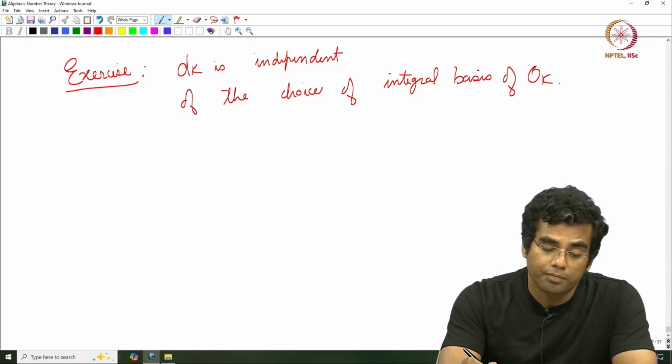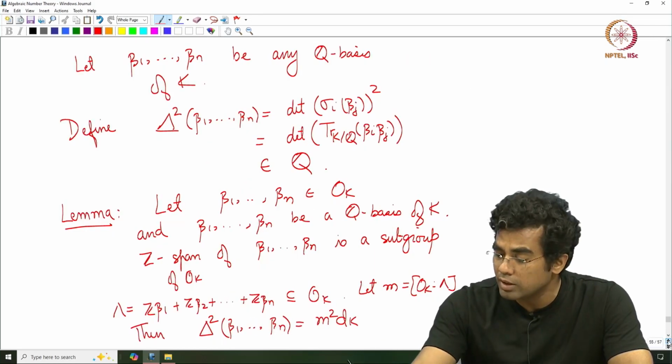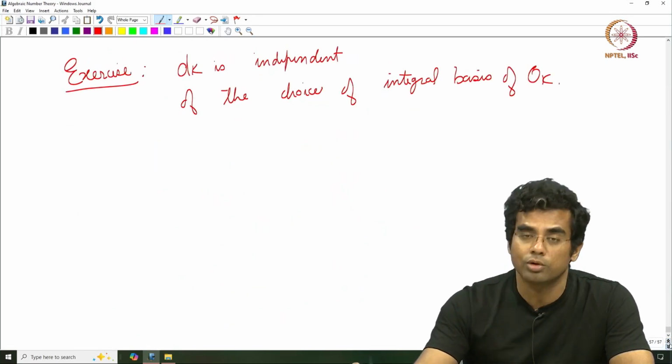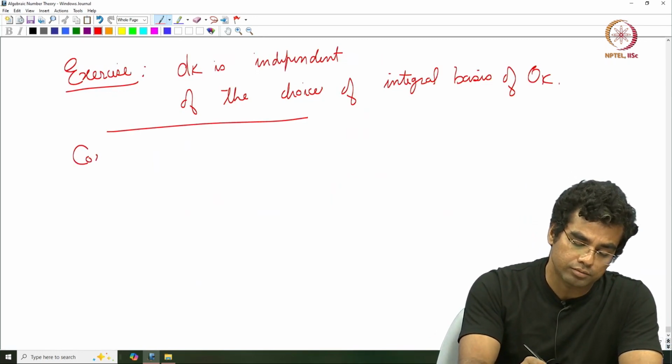Alright. So, this lemma, which looks kind of harmless including the proof, is actually quite useful when you want to compute integral basis. So, here is a corollary.